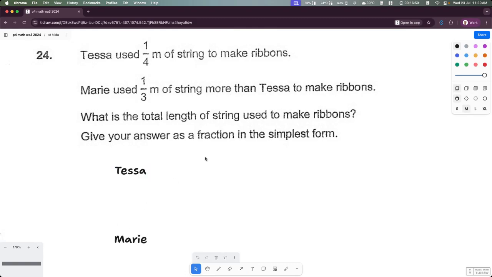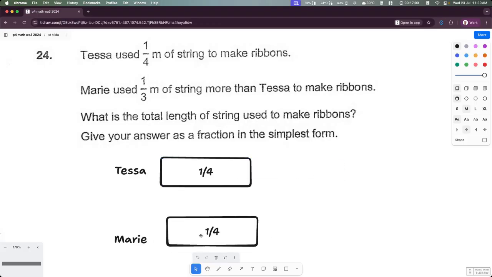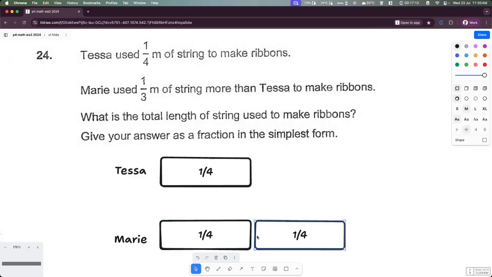Then what we can do is just have a simple 1/4, and then Mary used 1/3 more, right? So in this case, we have 1/4 and then we have 1/3 more, right? So this should be 1/3 in this case.